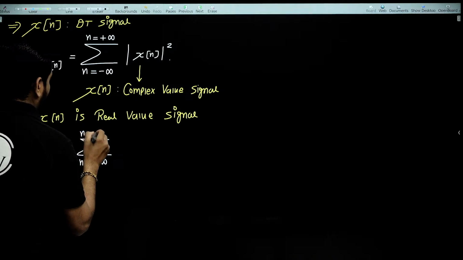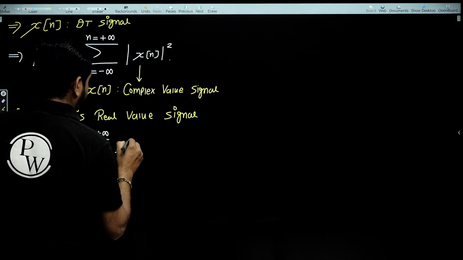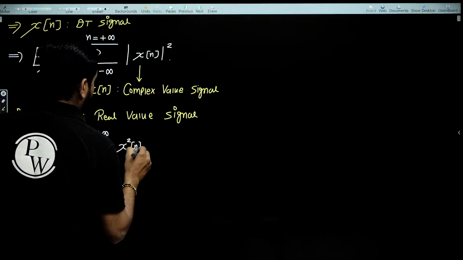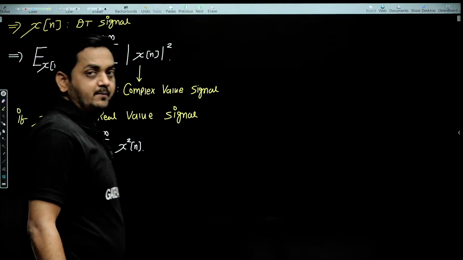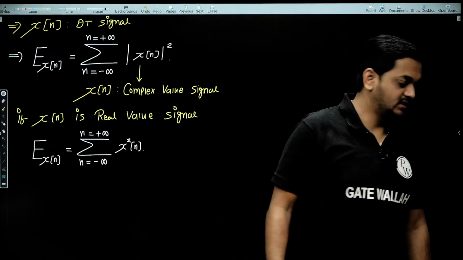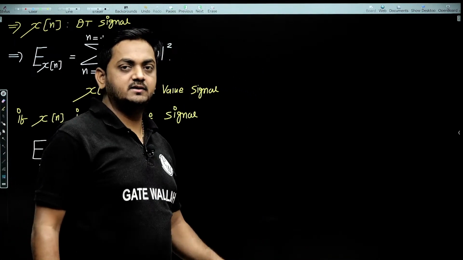Simply the square of the amplitude of the samples and then add all those samples. Correct? This is for discrete time. So these are the formulas to calculate the energy of continuous time signals and discrete time signals.